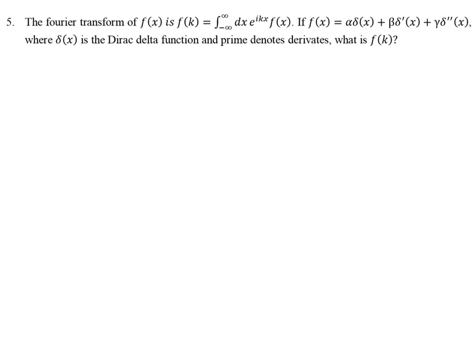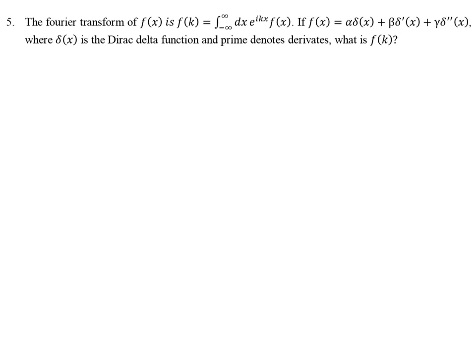Now coming to the last question in the first discussion. Here is a CSIR question in 2015 December, where we are asked to find the Fourier transform of a function f of x is equal to alpha delta x plus beta delta prime x plus gamma delta double prime x, where delta x is Dirac delta function and prime denotes the derivative.